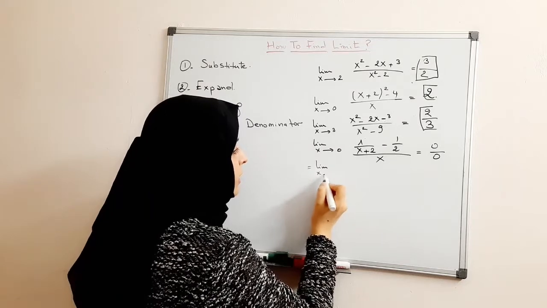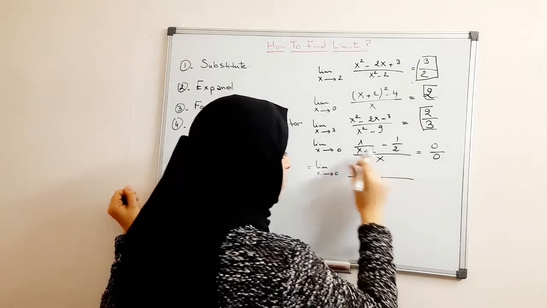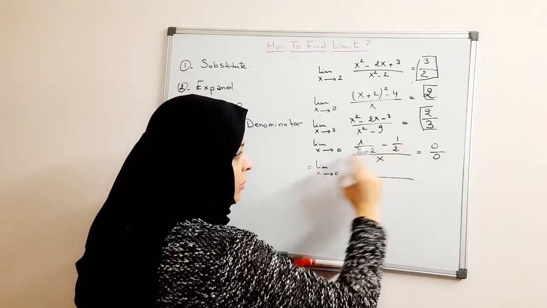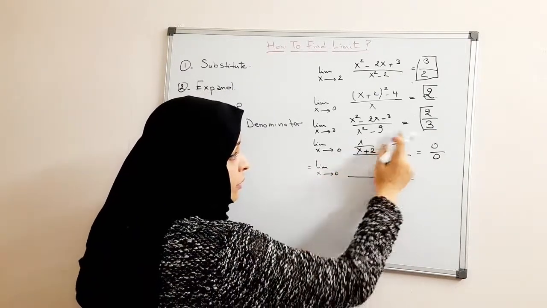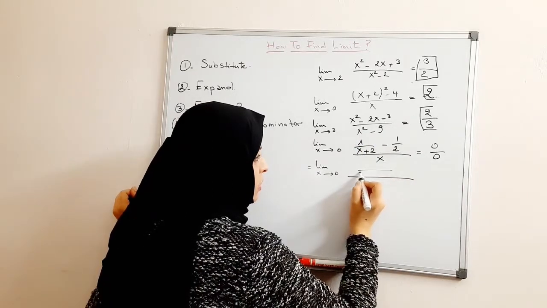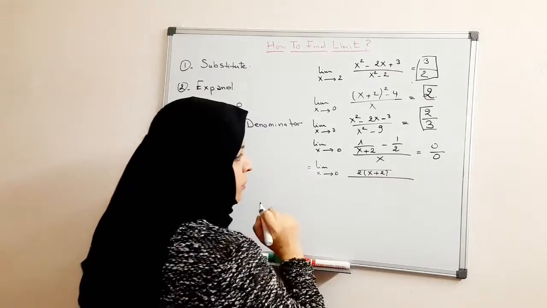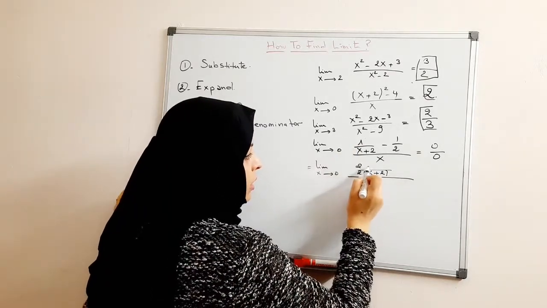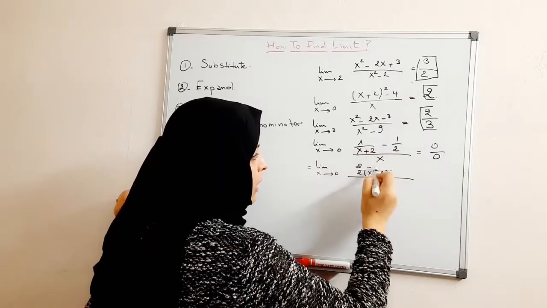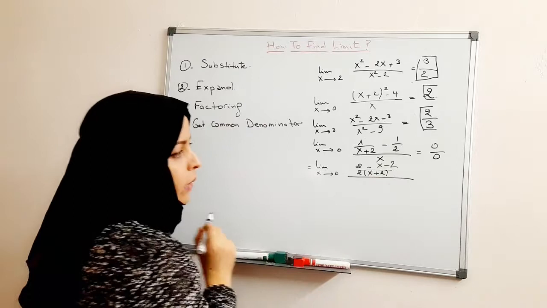So the limit when x tends to 0, here we try to get a common denominator of these two fractions. So the common denominator is 2 multiplied by x plus 2. Here we will have 2 minus x plus 2, right?